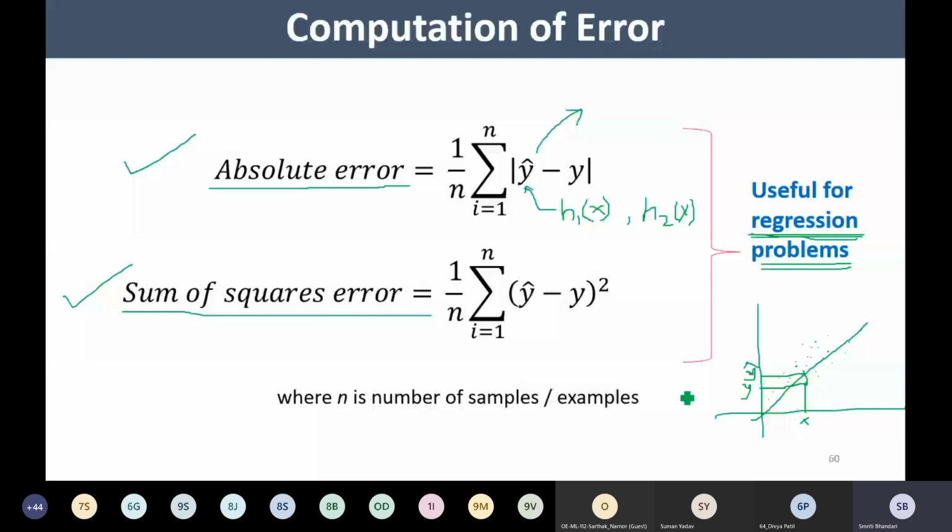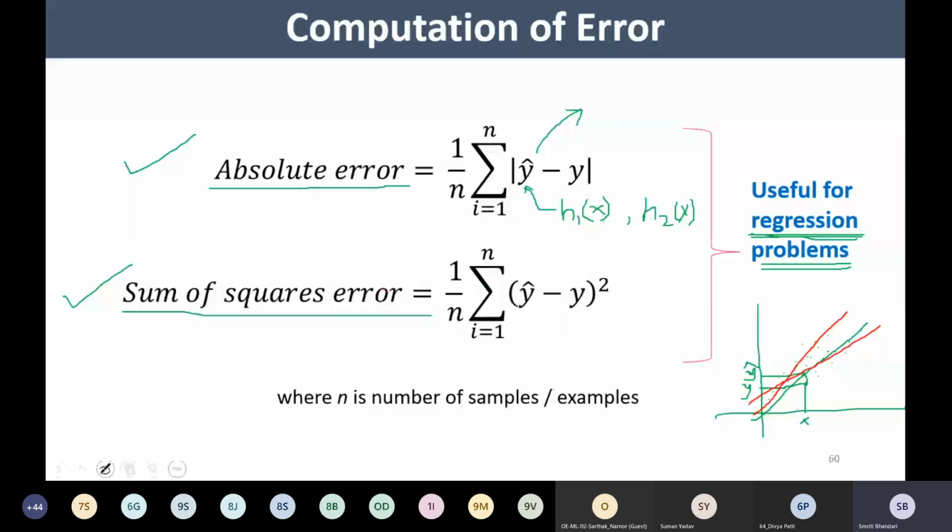So this is one hypothesis. I may come up with one more hypothesis, let us assume this line, or I may have this line, whatever the hypothesis may be. For every hypothesis I'll be computing the error, and whichever hypothesis gives me the smallest error would be the best fit for my data.